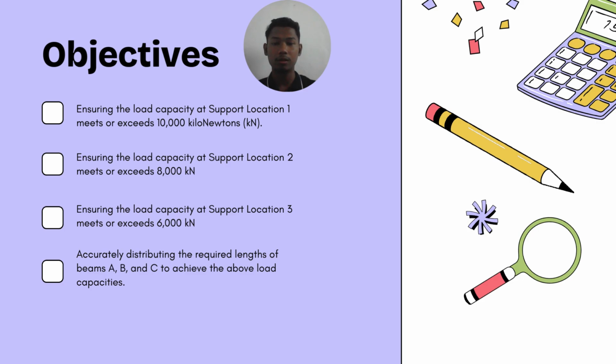And number three, ensuring the load capacity at support location 3 meets or exceeds 6,000 kilonewton, including distributing the required length of beams A, B, and C to achieve the above load capacity.